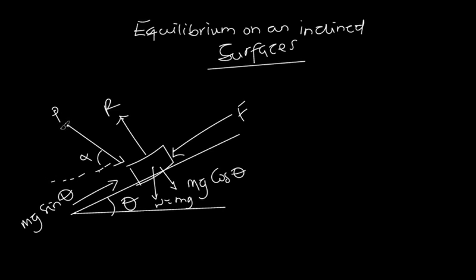So this force will now have vertical and horizontal components. If I redraw everything, the applied force P at a particular angle, and then we have the horizontal and vertical components of that force.